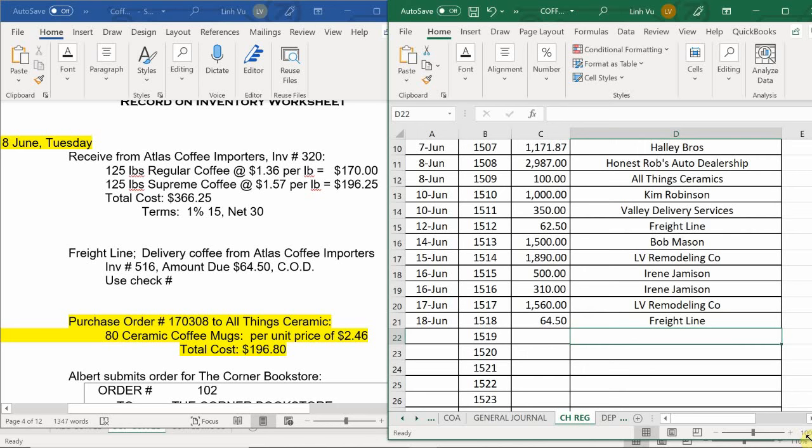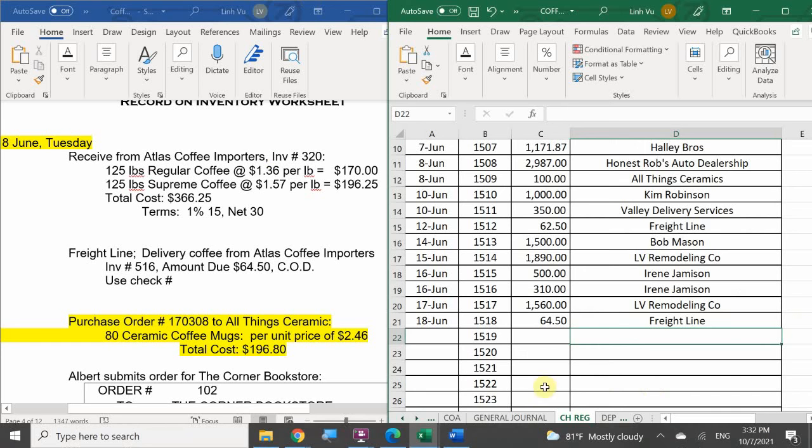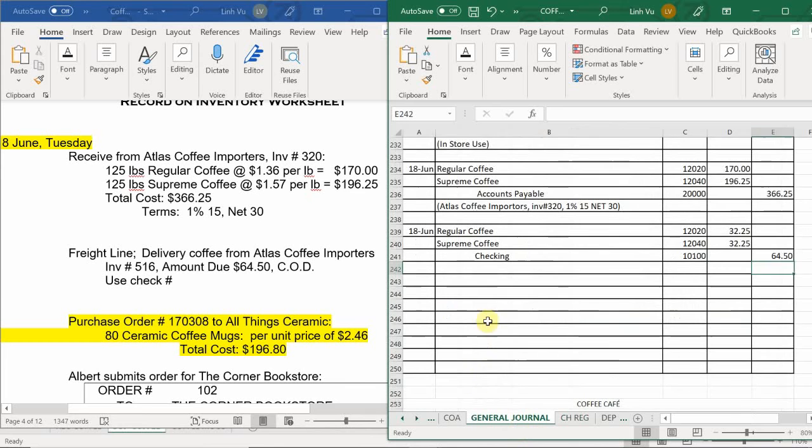So that's all. And then we go back to put that on the reference of the journal. Yes, we're going to reference this in the journal. So 1518 is the check number.